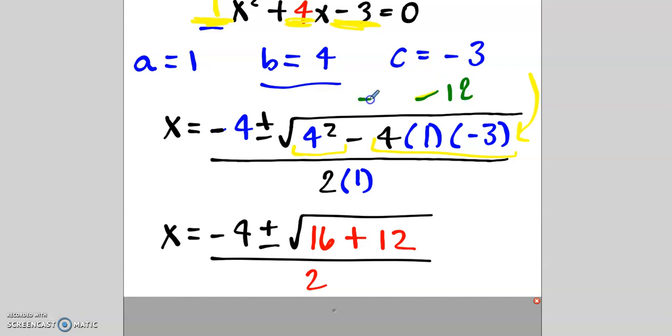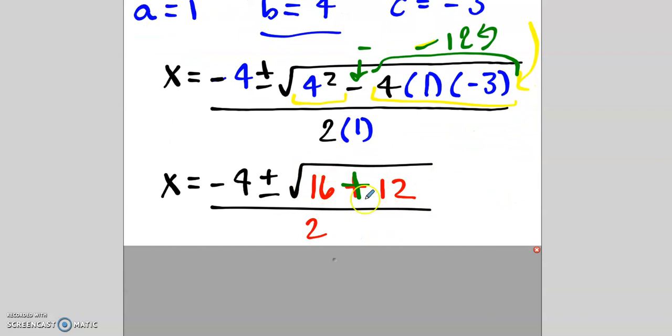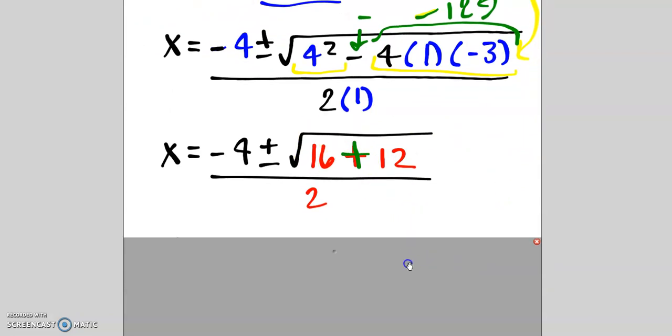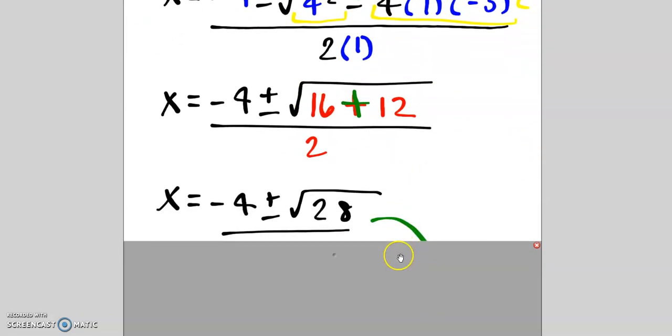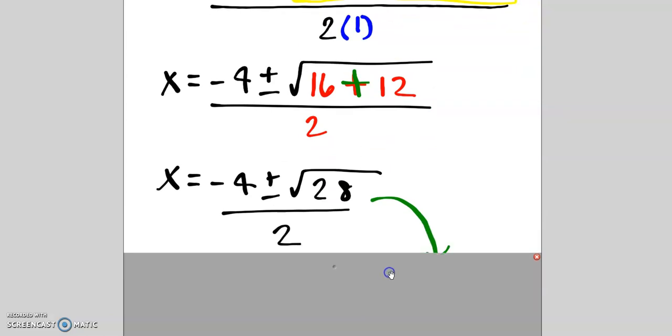But then I have this minus sign right there, so when I subtract a negative, it becomes a positive. That's why I have a plus now under my square root. So just be careful. 4 times 1 times -3 gives me -12, and a subtracted negative gives me a positive 12. So 16 plus 12 gives me 28.